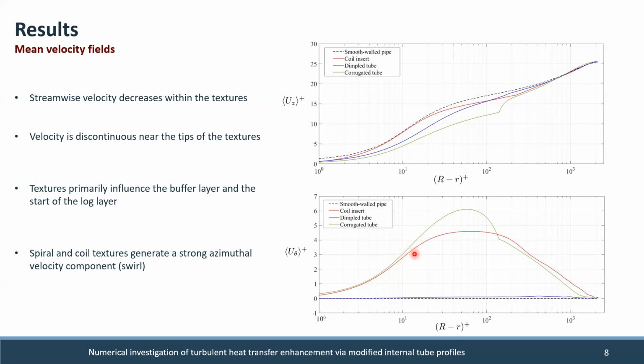So we have a rotating flow in these two cases. But for the dimple tube and the smooth pipe, clearly the azimuthal velocity is almost zero. So spiral and coil textures generated a strong azimuthal velocity component, a swirling flow.